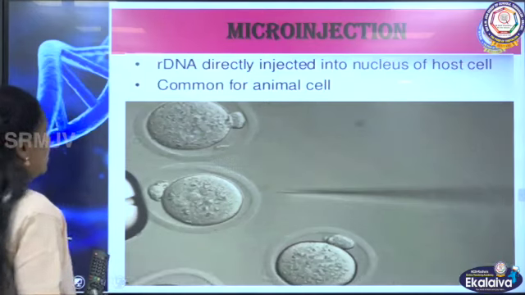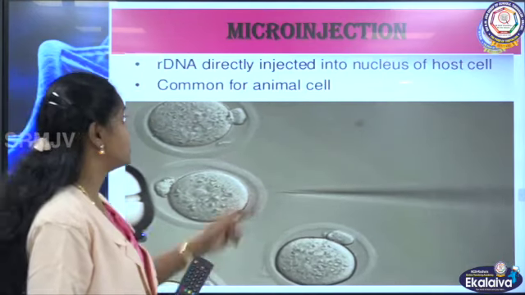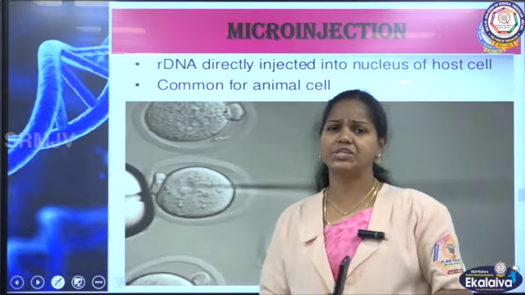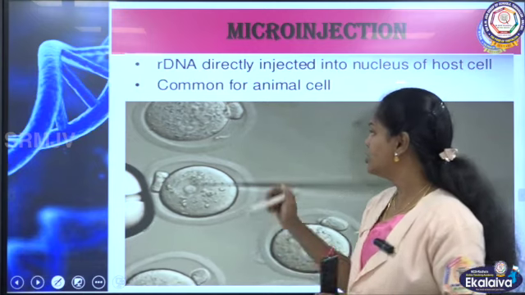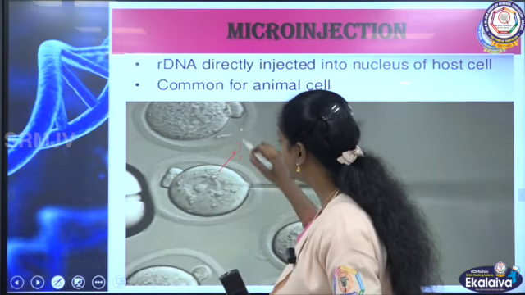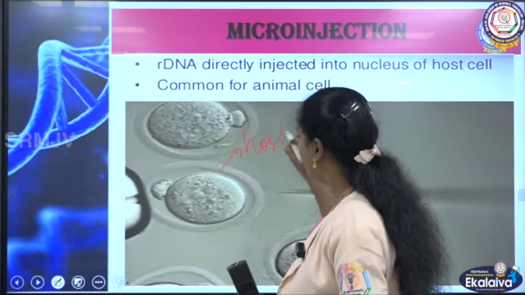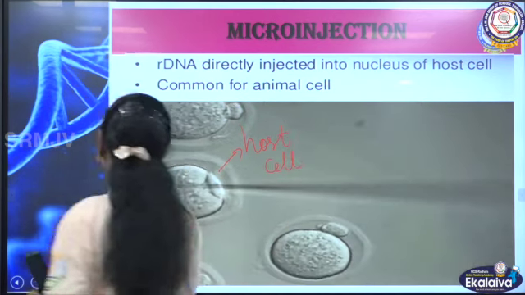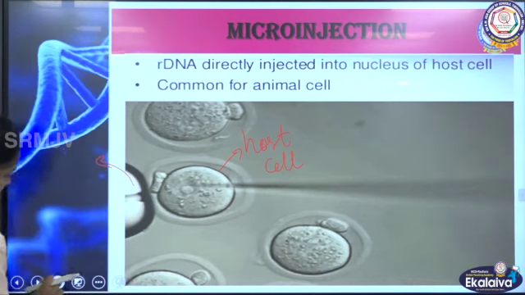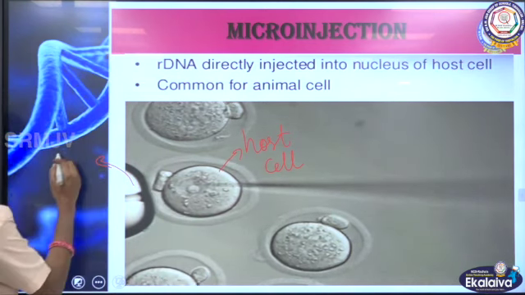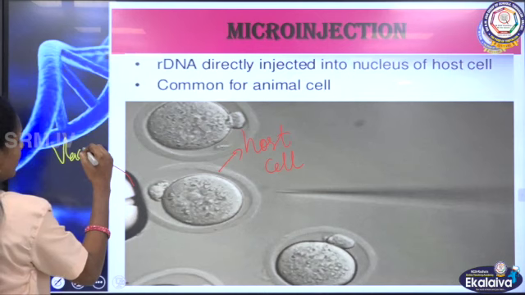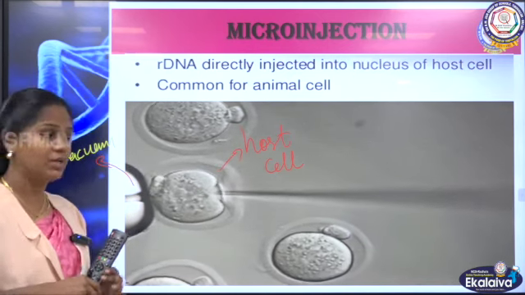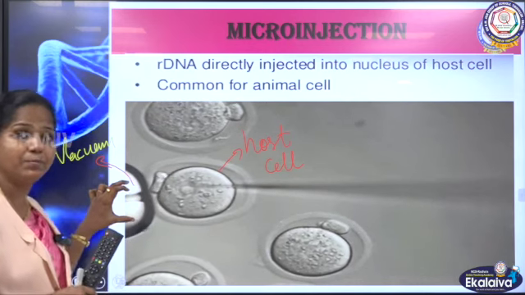Then what is the next technique? It is microinjection. In this microinjection, they take a host cell. Here this one is the host cell, and with the help of a vacuum pump, the host cell is held in position.